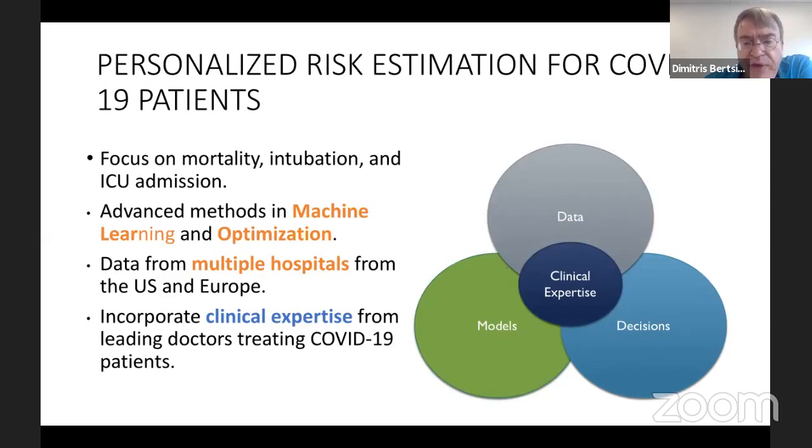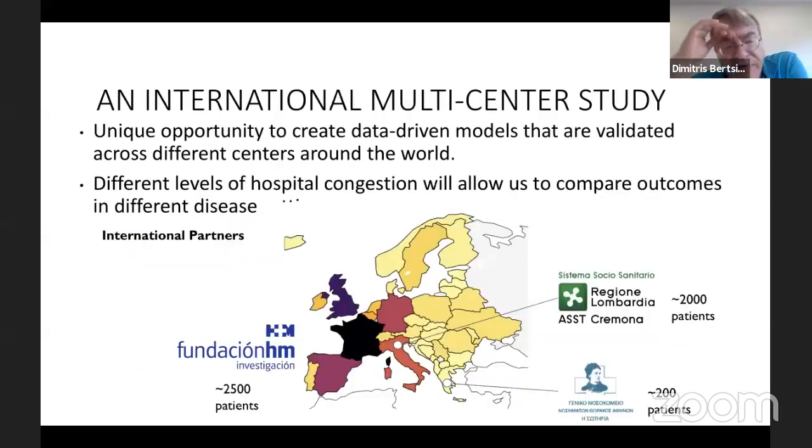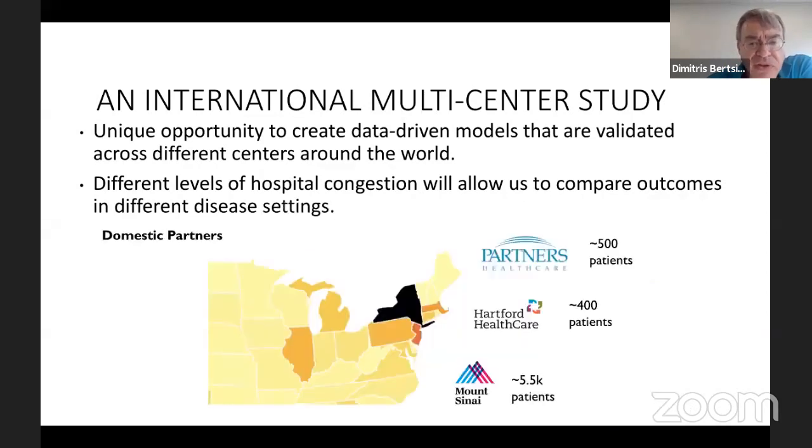We have collaborated with many hospitals around the world: about 44 hospitals and altogether more than 10,000 patients. In the beginning, the collaborating hospitals were from Italy and Spain, then in the United States, and now from Latin America as well.